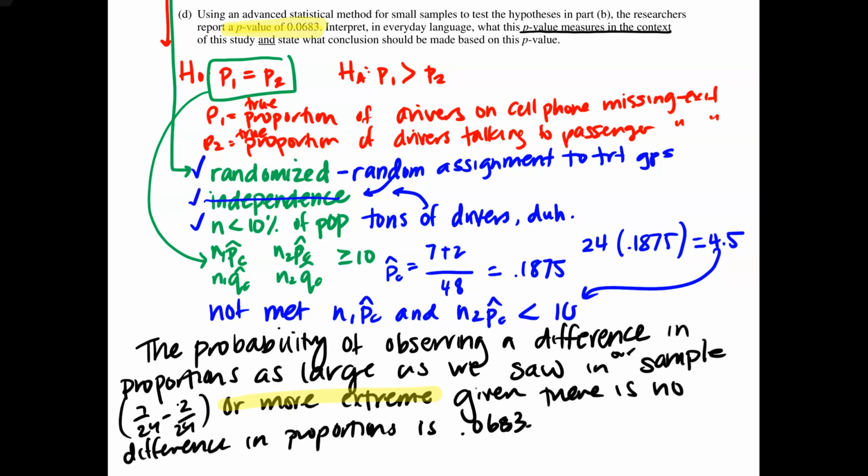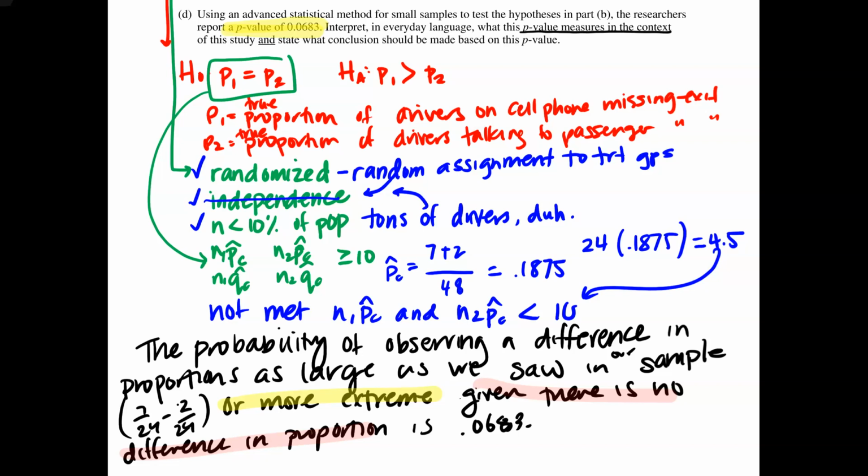Use the sentence, but it's all about observing a sample as or more extreme than we did, given that, oh my God. Oh, no difference. Okay. I did say it. I was thinking for a second I didn't say no difference. So yes, given there is no difference, that's under the null, and that's what our probability is. Or we could say there's a 6.83% chance that we would see blah, blah, blah if there is no difference.